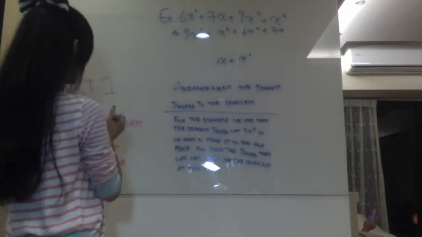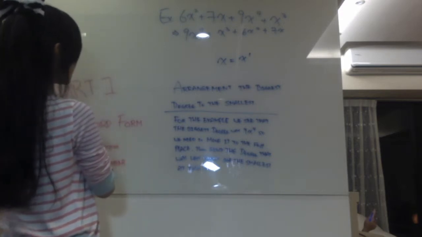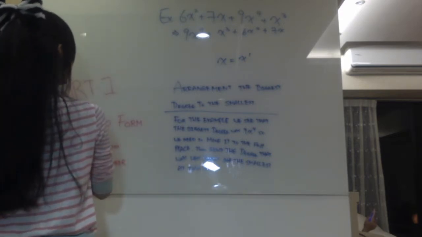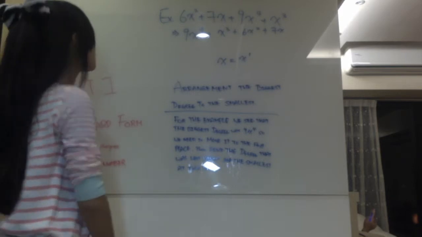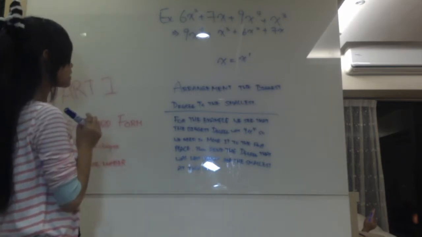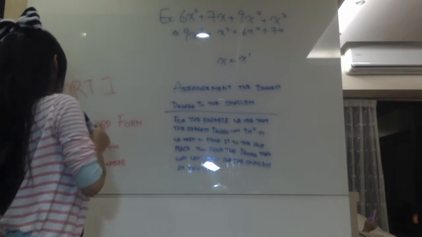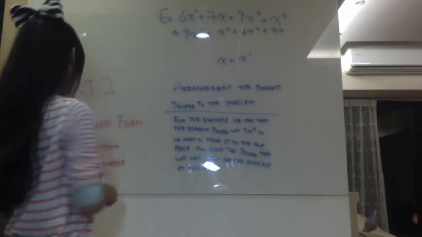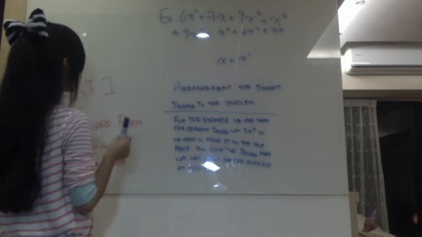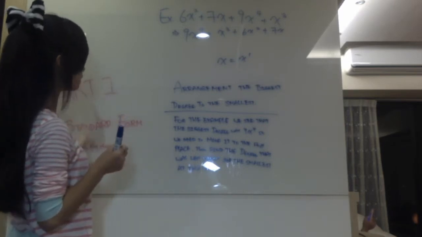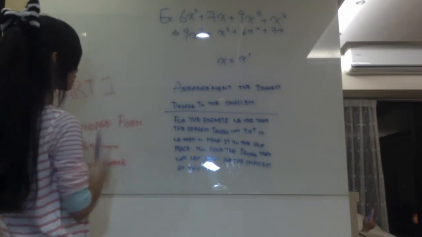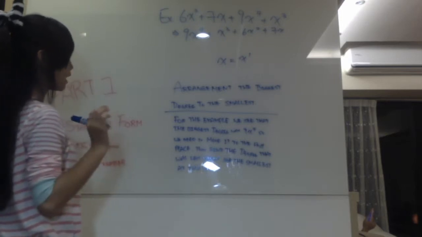So this is the answer of the example. And so next time, if I find the degree, then order the terms by degree. The biggest is at the front and the smallest is at the last.